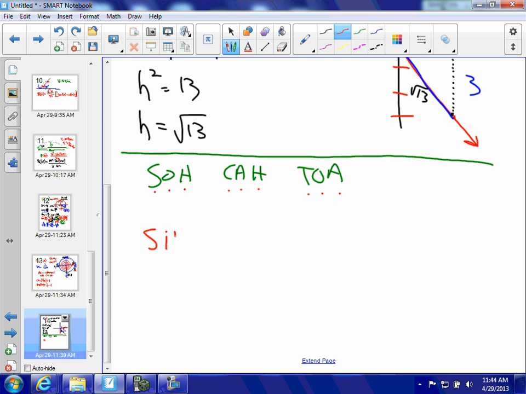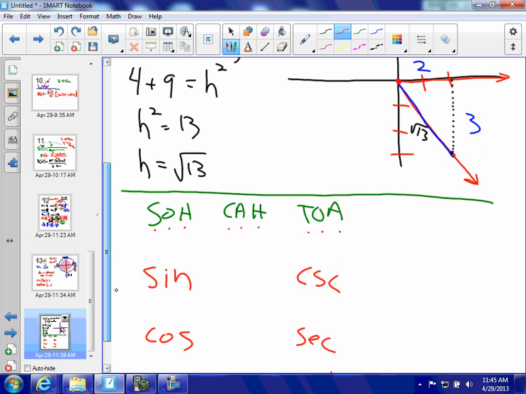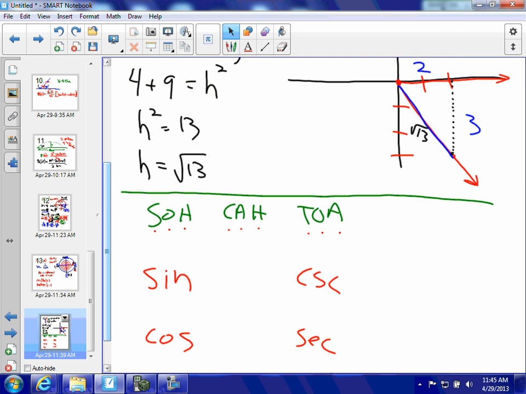I write them down properly: sine, cosine, tangent, cosecant, secant, cotangent. And I'm going to start with sine. First of all, let's make clear again, this angle right here is my reference angle.